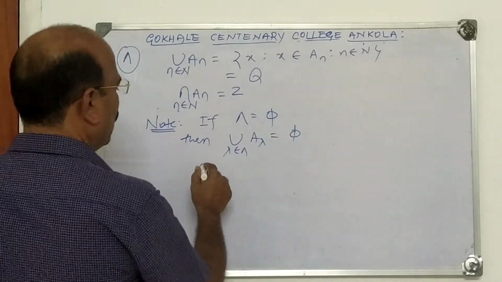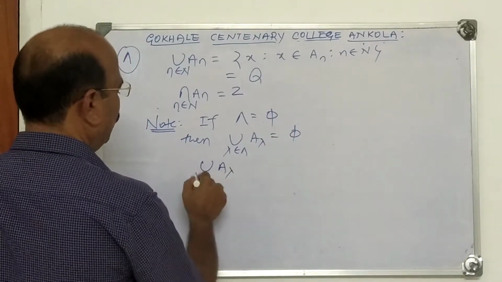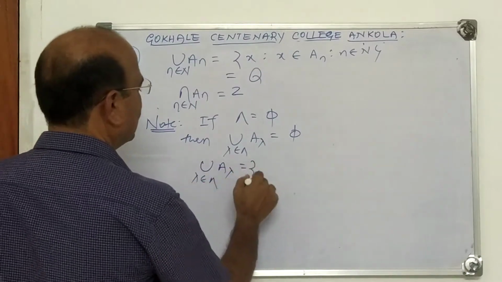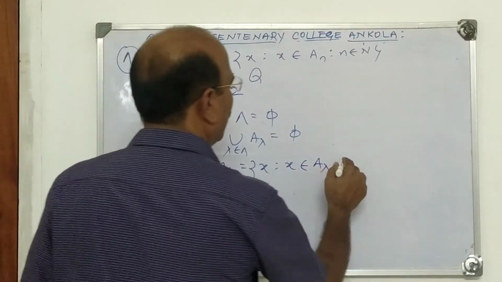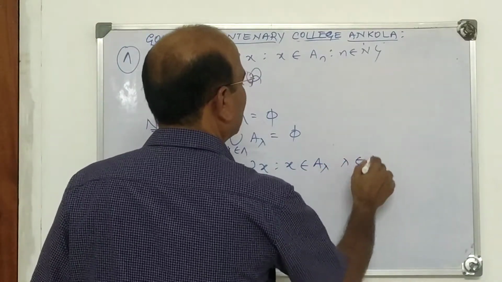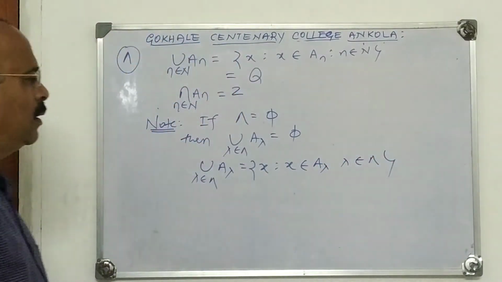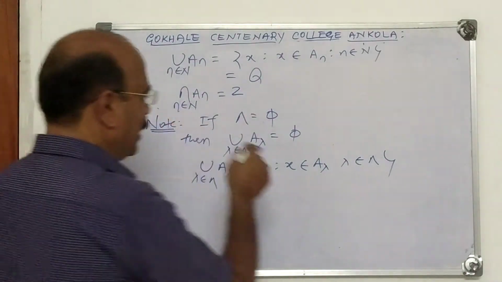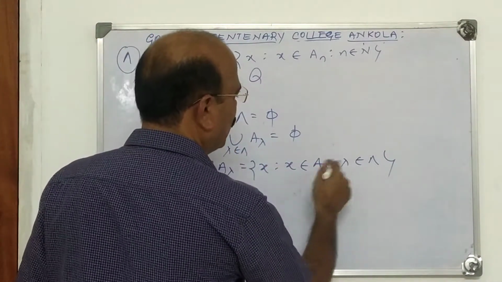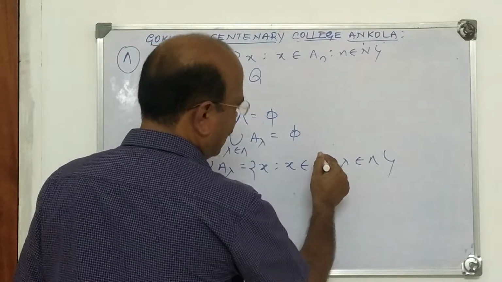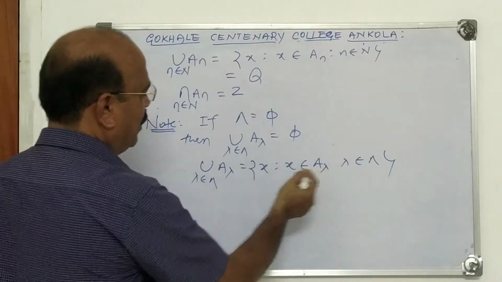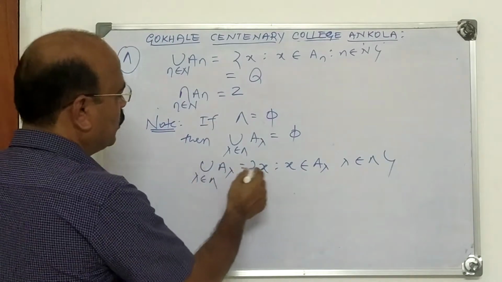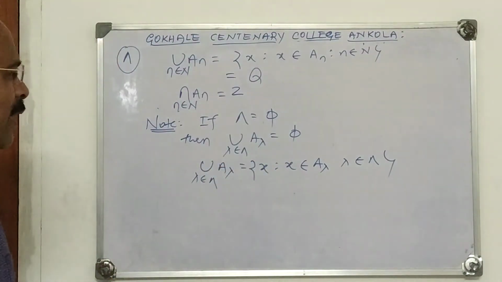This is because, how do we define the union of A lambda? The union of A lambda is the set of all x such that x belongs to A lambda for at least one lambda belongs to Lambda. There should exist an A lambda such that x belongs to that A lambda. Then x belongs to the union.